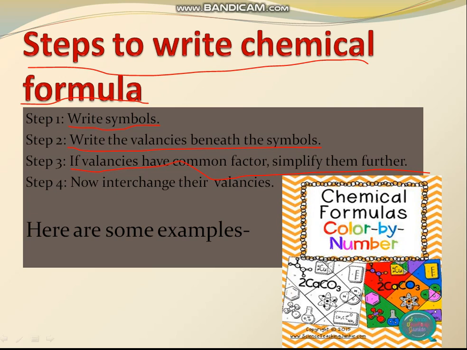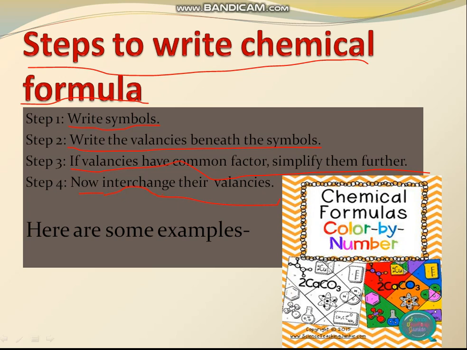Then step 4 is interchange their valencies. Over, you got your compound. You have written your chemical formula and you got your compound. It's very simple, it's over.